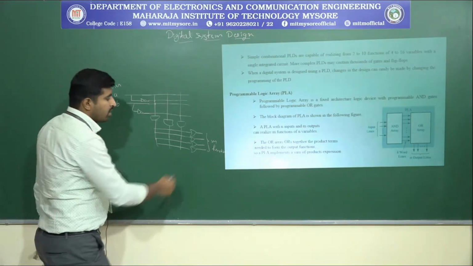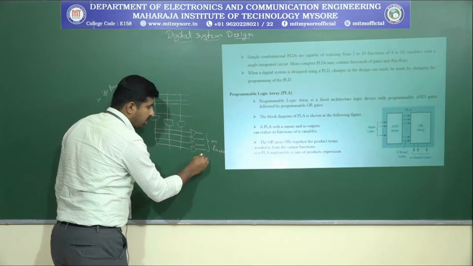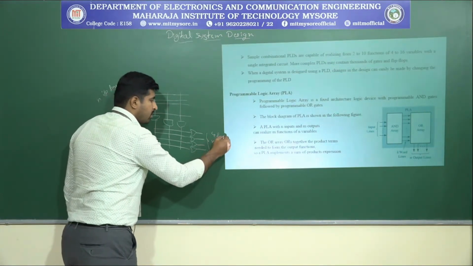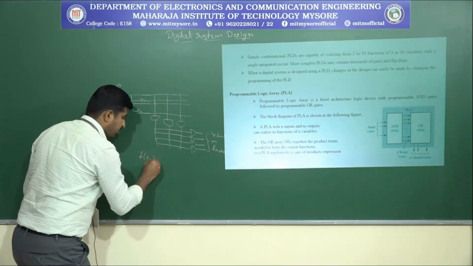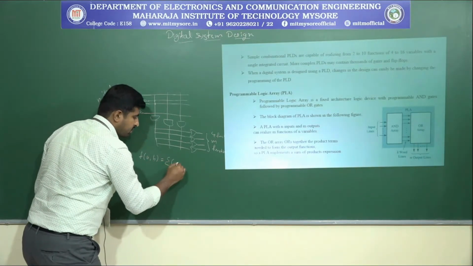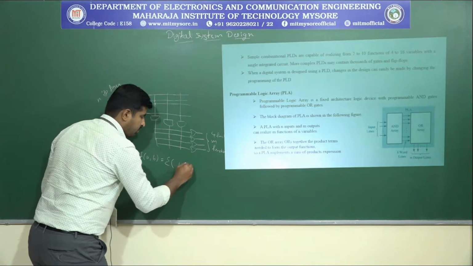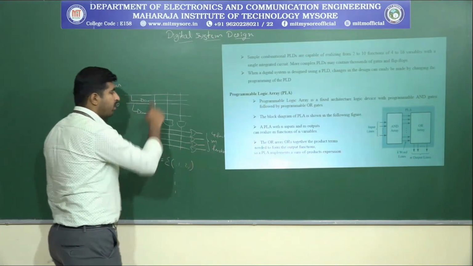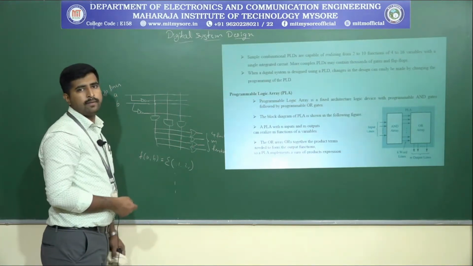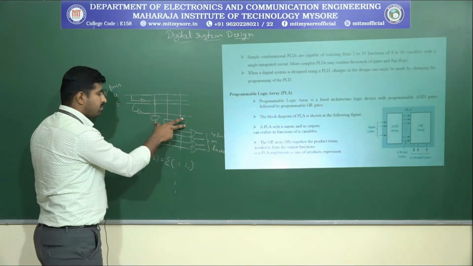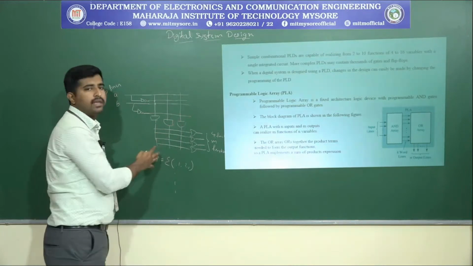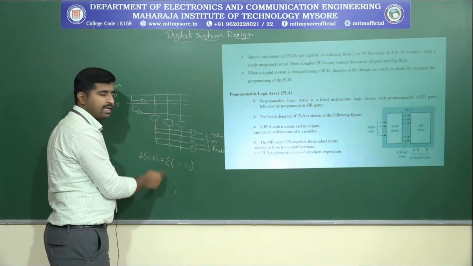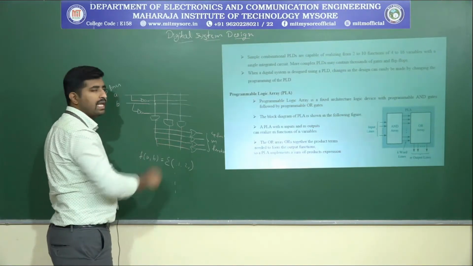So if you have 4 OR gates, that means we can implement 4 functions, like f of a comma b equals summation of something. Whatever different 4 functions can be implemented by using this PLA. Not only 3, multiple will be there; here I am showing only 3.